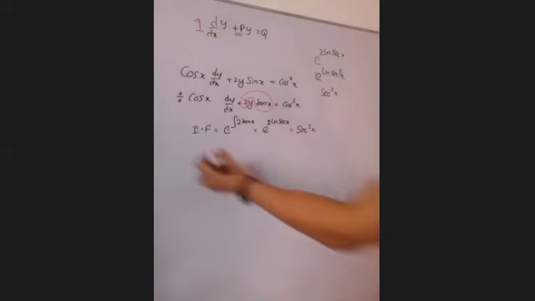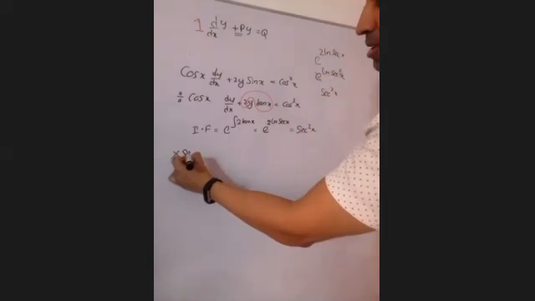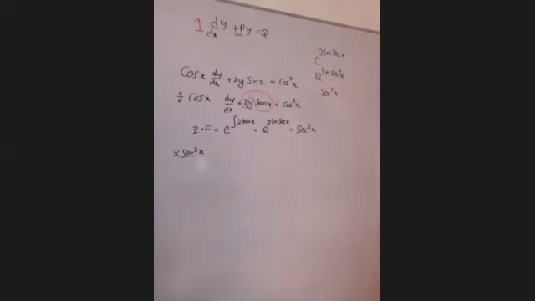Then multiply the entire expression by sec squared x. This is sec squared x dy by dx plus 2y sec squared x tan x equals cos cube x multiplied by sec squared x.